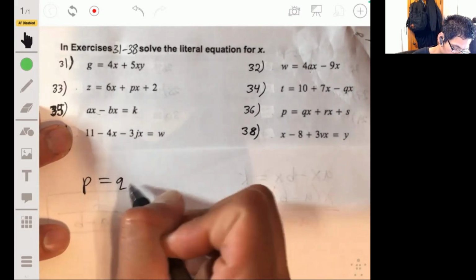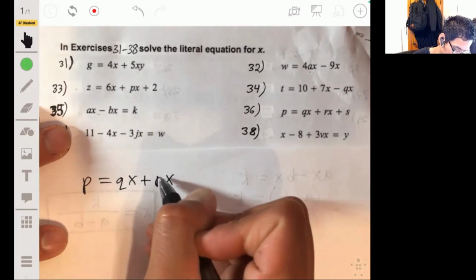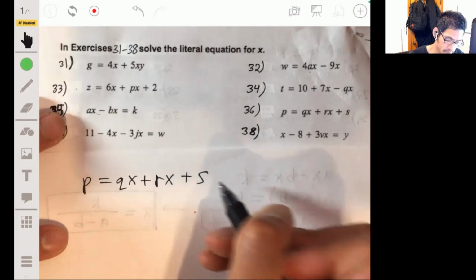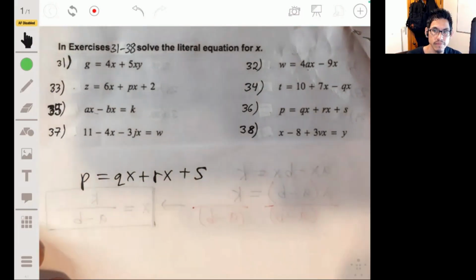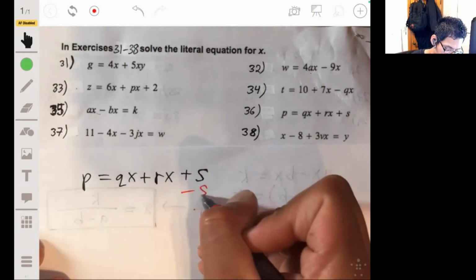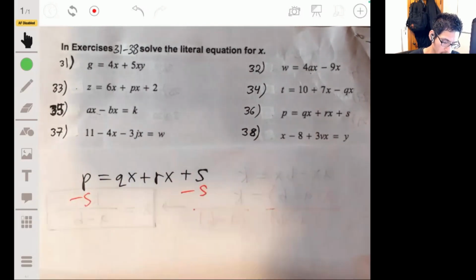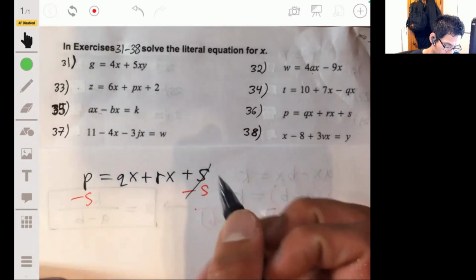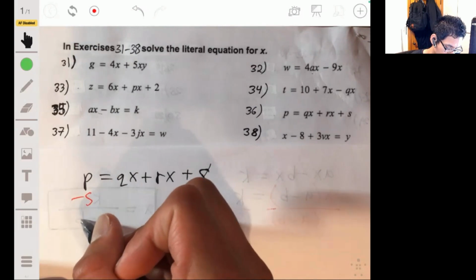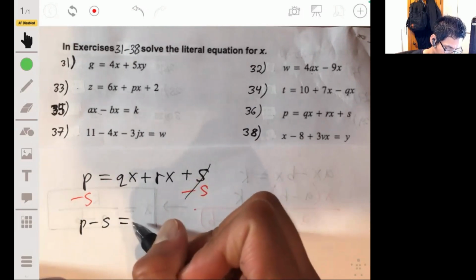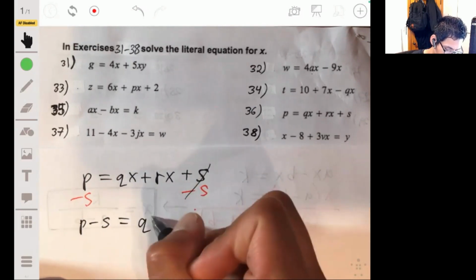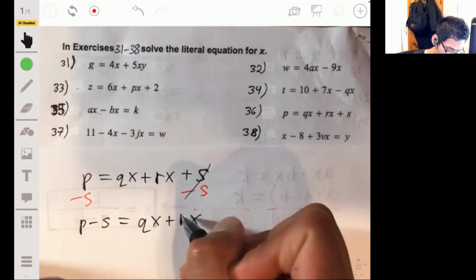P equals qx plus rx plus s. Subtract s from both sides, like so, because there's no x term there. So p minus s equals qx plus rx. It's like a tongue twister.